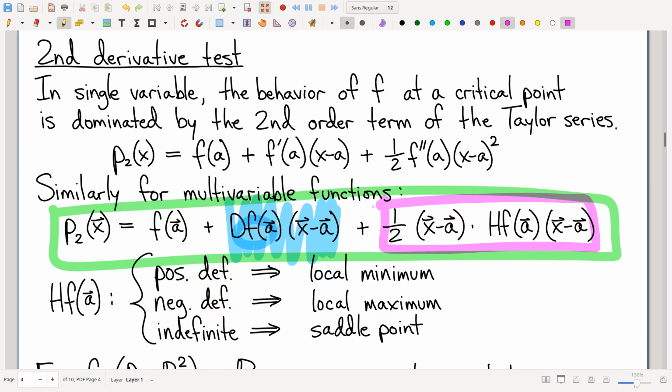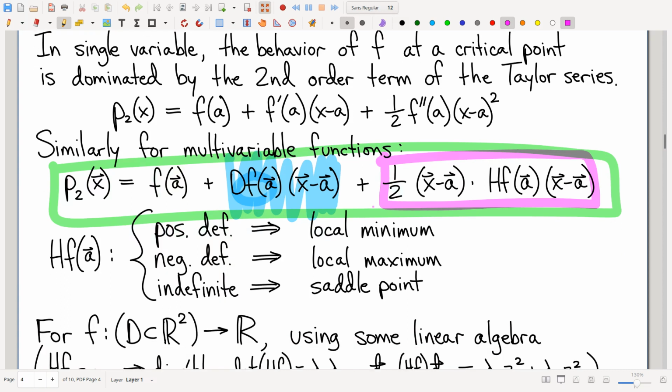And don't forget, it's a quadratic form. So really, what I need to decide is under what circumstances is this quadratic form positive definite, or negative definite, or indefinite. And I'm sure you all remember those terms from Math 219, linear algebra, right? Well, it's a long time ago probably by this point. But anyway, analogous reasoning, positive definite would mean you have a minimum, negative definite would mean you have a maximum, indefinite would mean that you have a saddle.